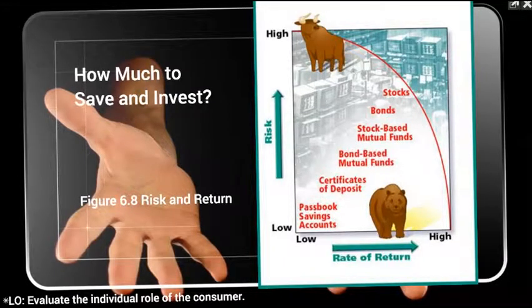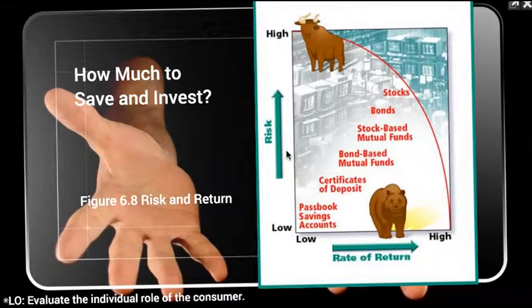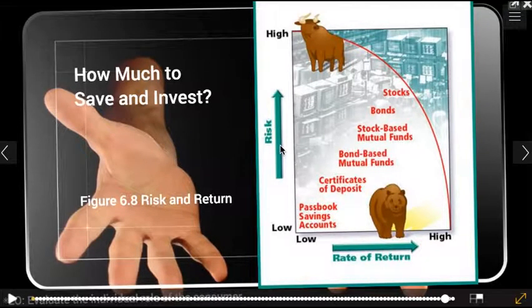So here's a graph that shows what you need to take into consideration. Of course, the big thing here is that everything comes down to risk versus reward. When you look at this graphic, along this axis runs risk, from low to high, and along this axis you have the rate of return, from low to high.